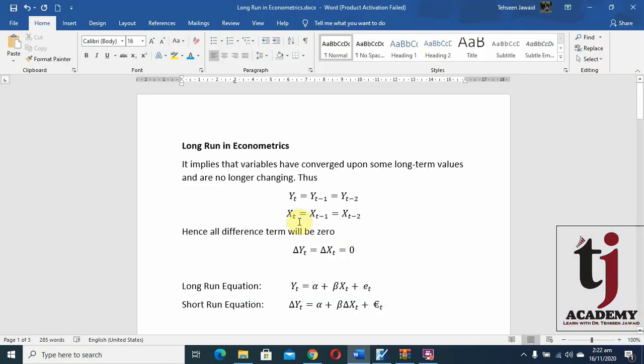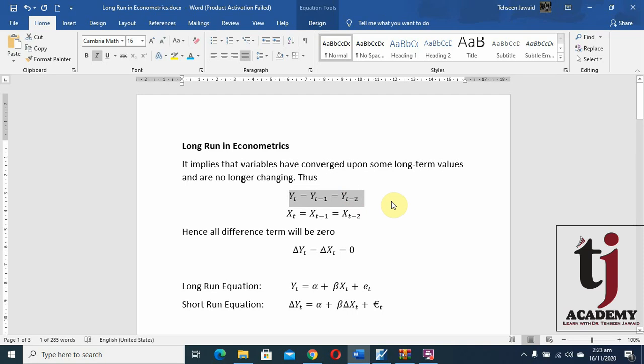So for this, what is long run in econometrics? It implies that variables have converged upon some long-term values and are no longer changing. It means when the model achieves a long-run equilibrium, the value of the variable would be the same in the previous period and in the current period, like this: yt is equal to yt minus 1, and yt is equal to yt minus 2. Same is for x.